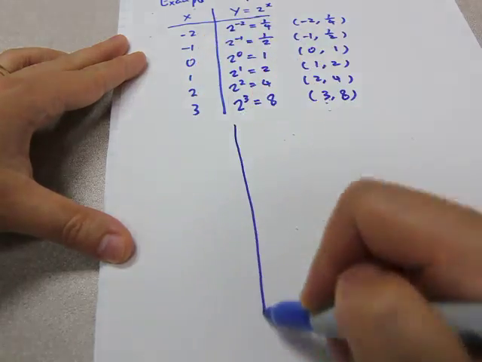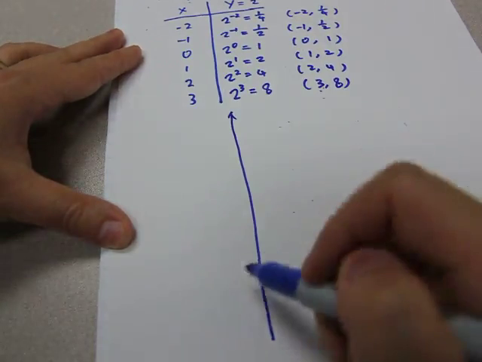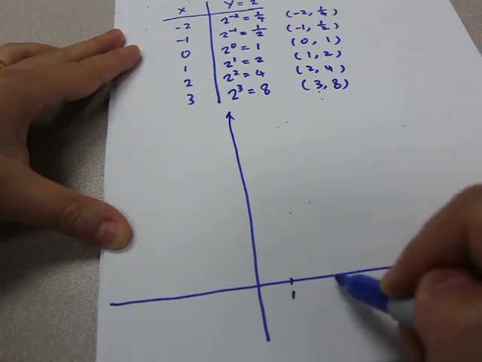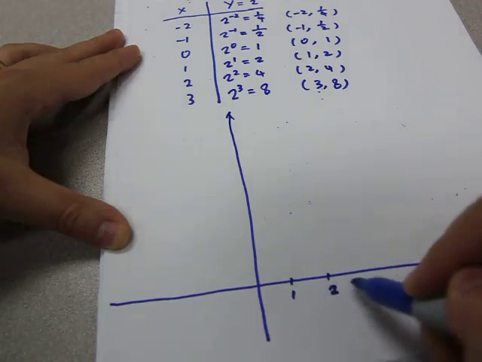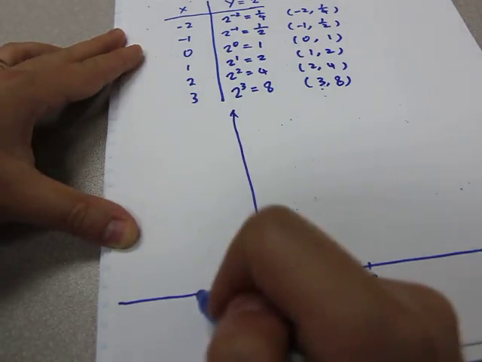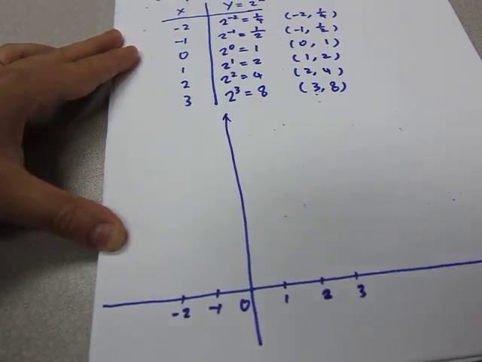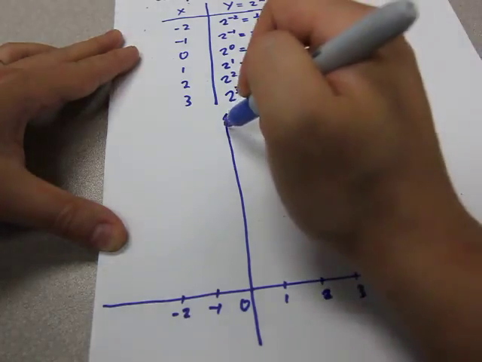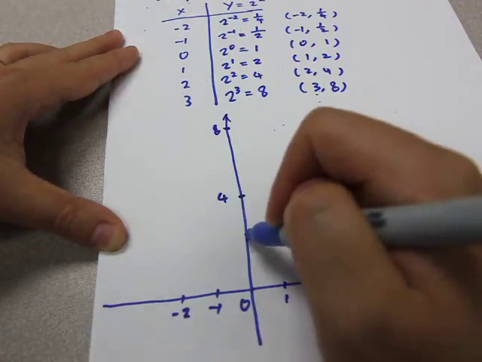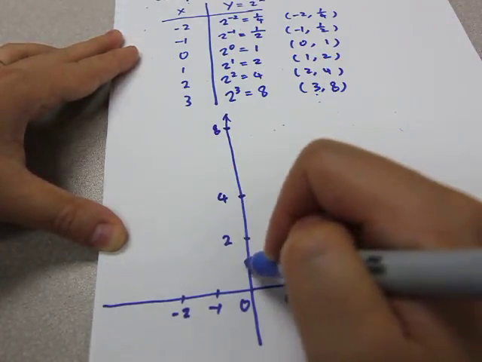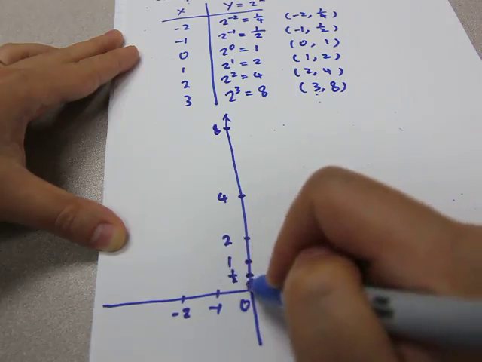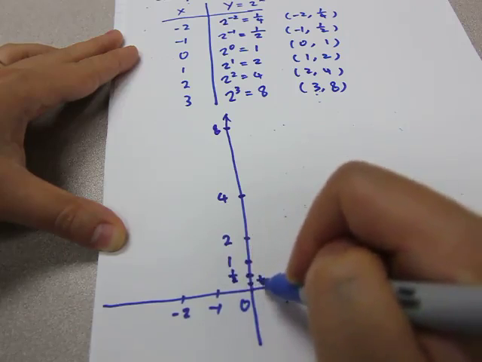Okay, so now, on the axes, this is 1, 2, 3, and this is 0. I suppose this is 8, so that is 4, this is 2, this is 1, this is 1/2, and this is 1/4.